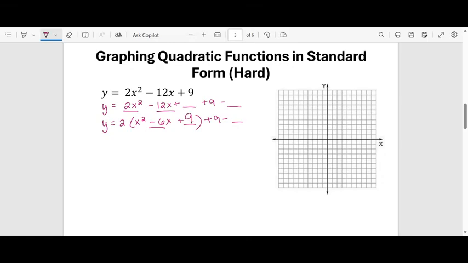It looks like I added 9 to this equation. I know it looks like that, but I actually didn't add 9 to this equation. I added 18 to this equation. Hopefully you can see that because I pulled this 2 out, if I were to distribute, I'd have to multiply that 2 back in. So I actually added 2 9s to the equation for a total of 18 added to the equation.